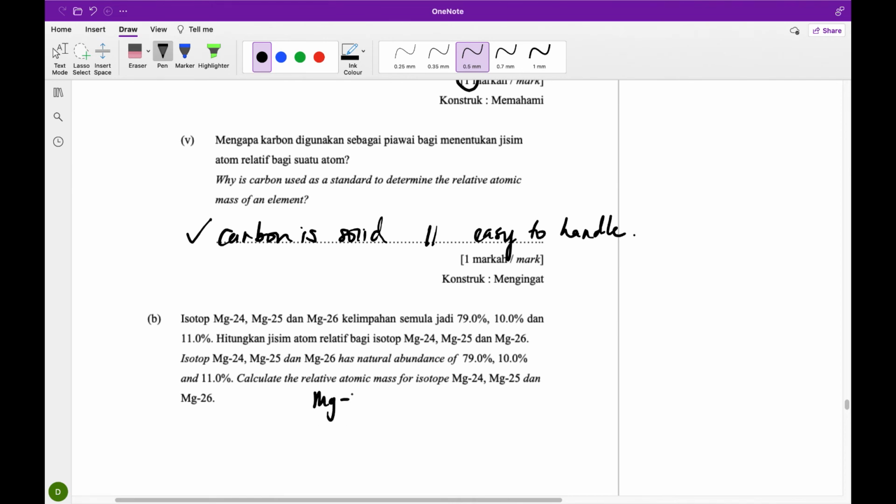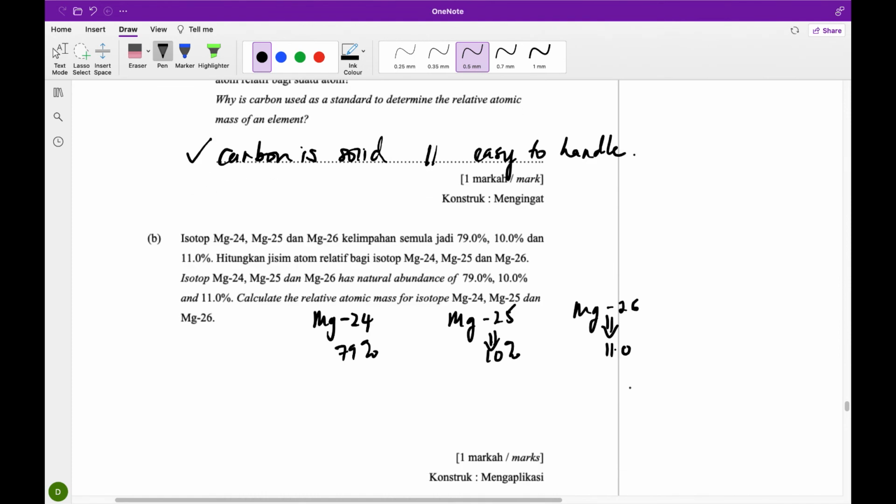Magnesium 24 is 79%, magnesium 25 is 10%, and magnesium 26 is 11%. So for the relative atomic mass, you have to total up all based on the percentage.